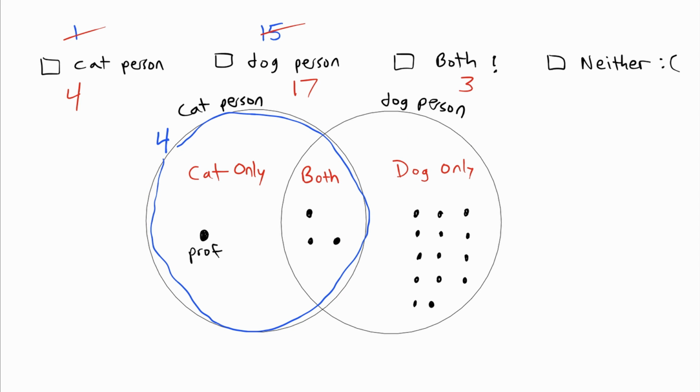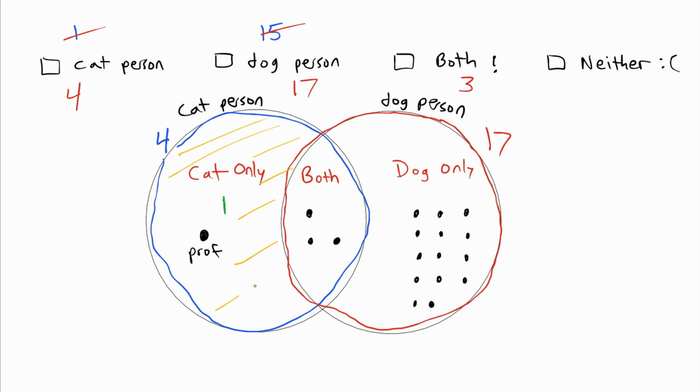For dog people, I'm going to put 17 on the border. But if I write a number inside an area, like let's say here I put 1, that means that one person belongs in this region only. See, this is the cat-only region, and there's one person in it.